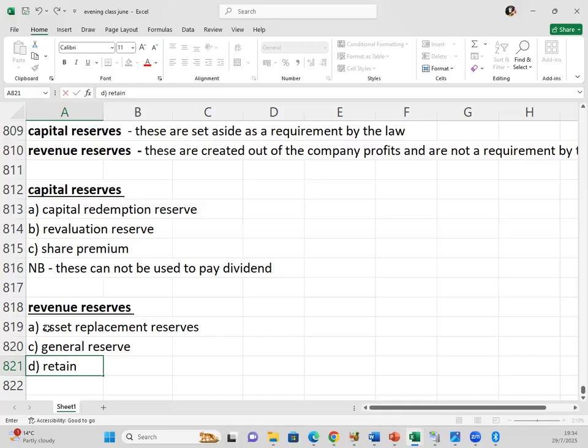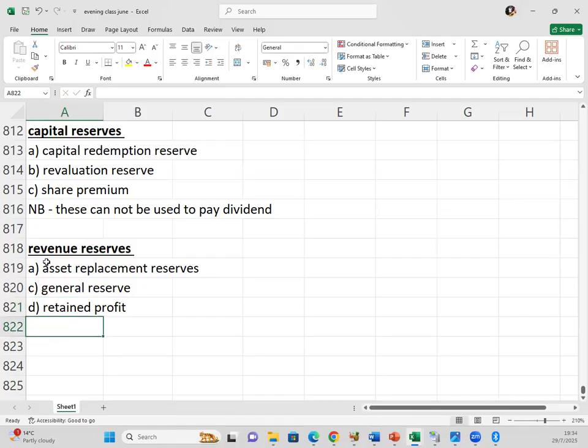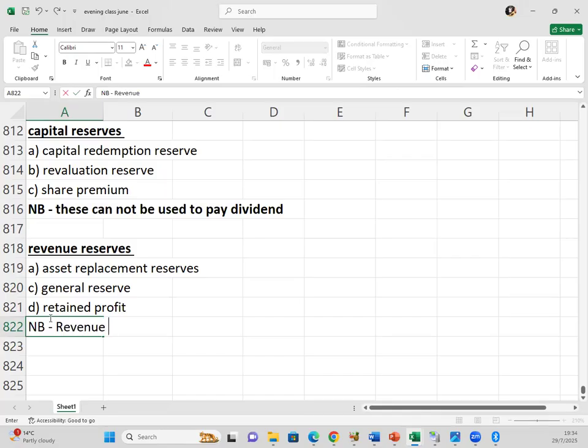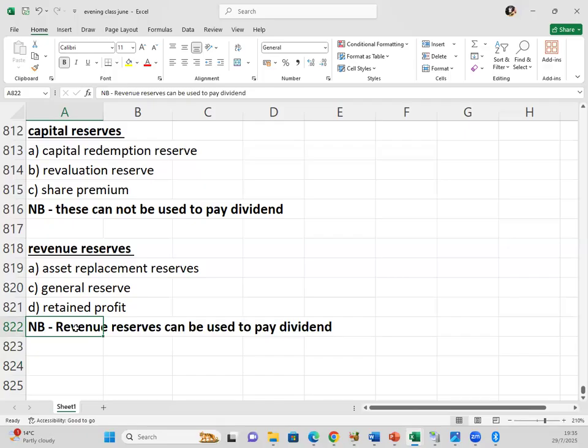It's also a reserve. So we can take money from these reserves and pay dividend. If money is in revenue reserves, it can be used to pay dividend.